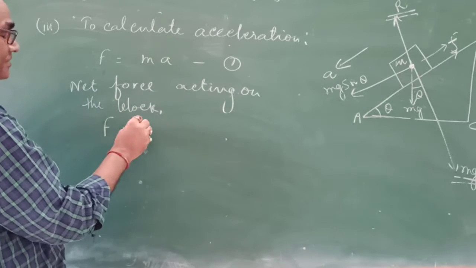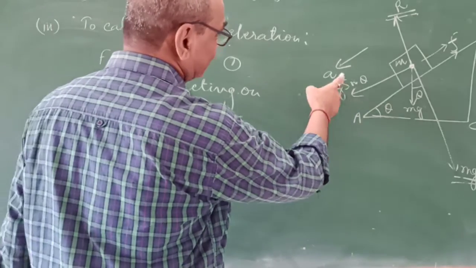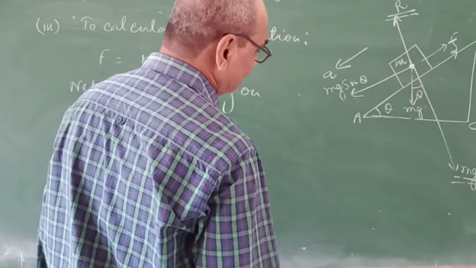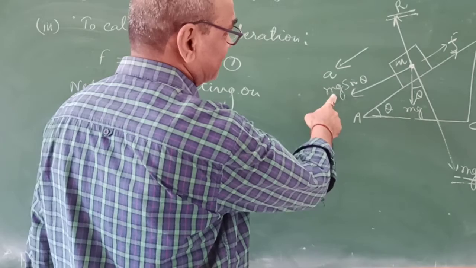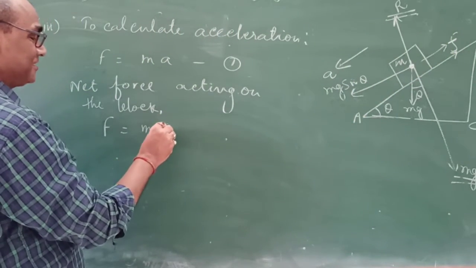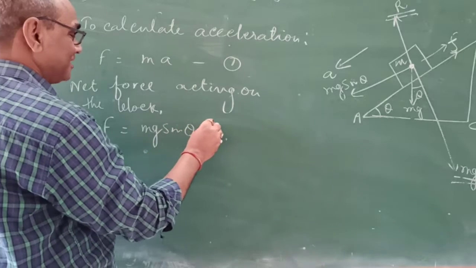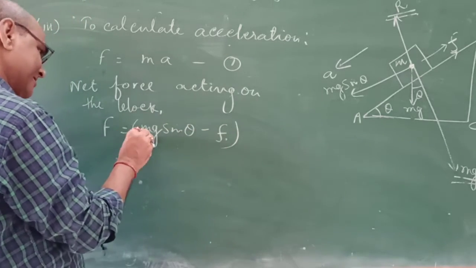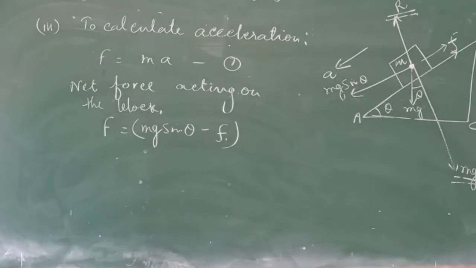Force F is equal to which one? Here there are two arrows; which is bigger and which is smaller? mg sin theta is bigger than the force of friction. Therefore, we write here mg sin theta minus f. What is f? Force of friction.